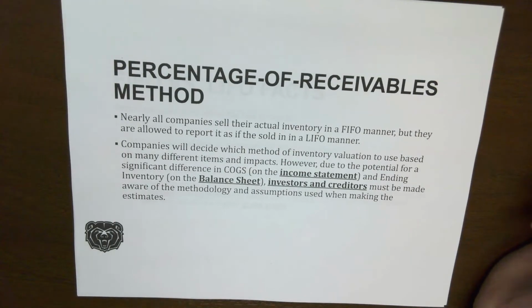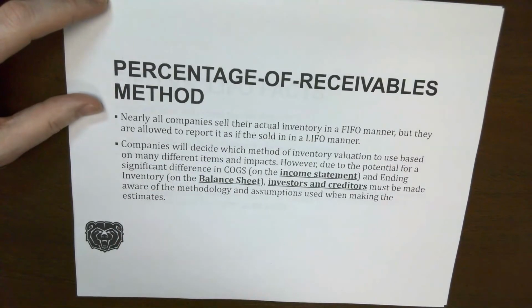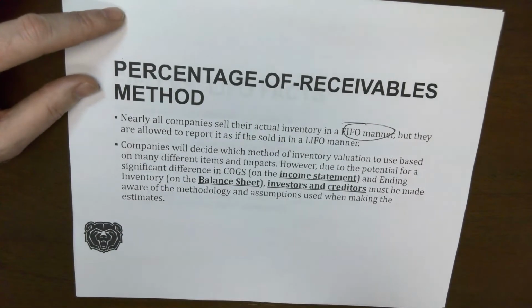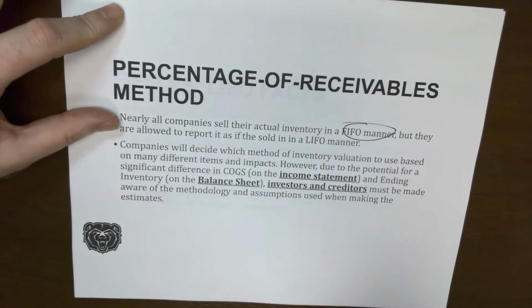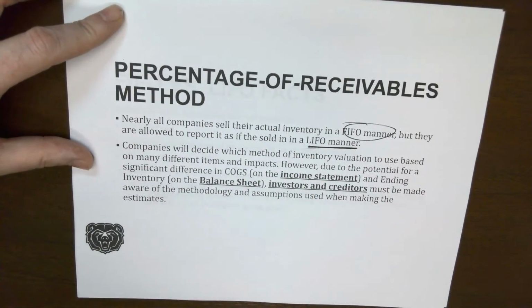Next we're going to talk about a percentage of receivables method. Nearly all companies sell their actual inventory in a FIFO manner. We're going to sell the first ones we bought and keep the newest ones that we bought in stock. But we are allowed to report as if we've sold in the LIFO manner, and that's what most people will do.